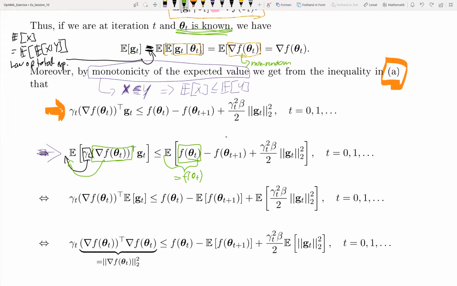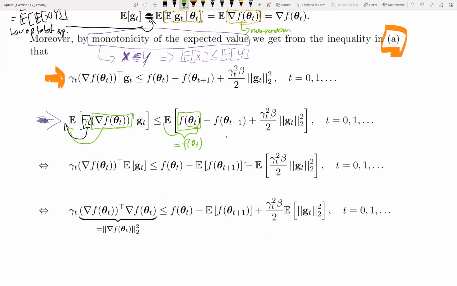And the expected value of f theta t plus 1, this is something which we have no control over if we are in the case that theta t is known. So it stays random and we don't know the exact value. And for this last term, well, we keep it as it is, with the expected value around it.